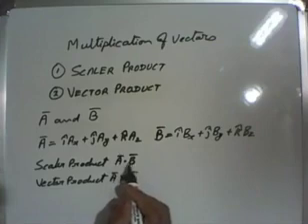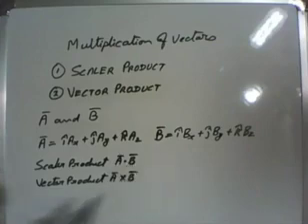This is known as the scalar product and this is known as the vector product. Now let us see what this operation means.